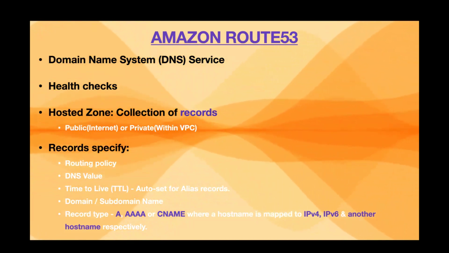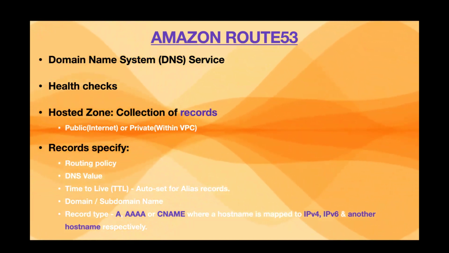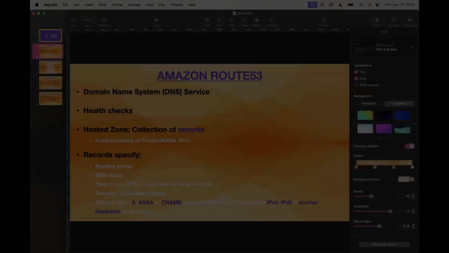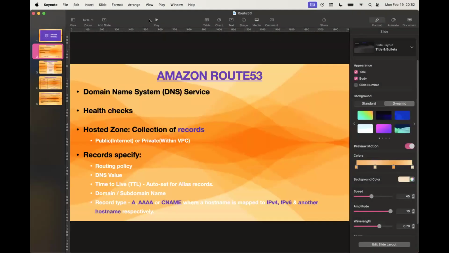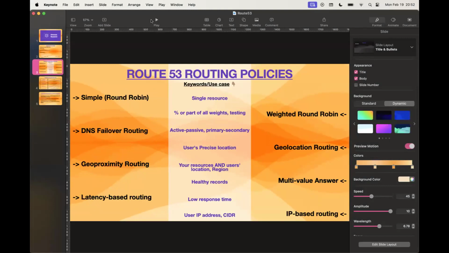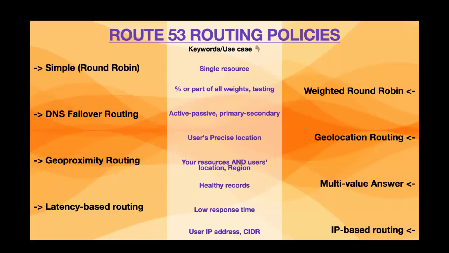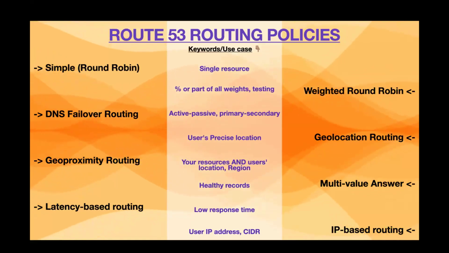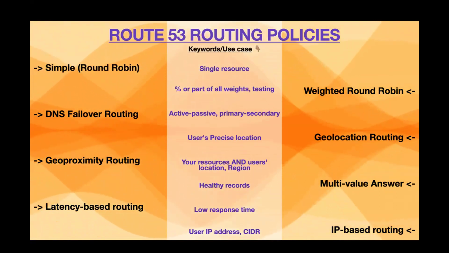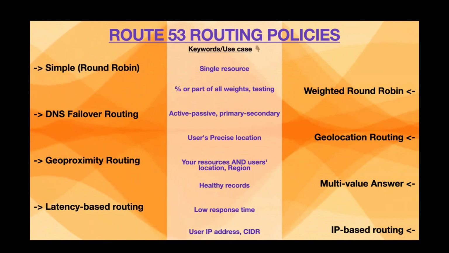So let's go to the routing policies, then I will explain as well. All right, I was expecting questions from here, but it looks like there are none. The round robin is just the concept that I explained.